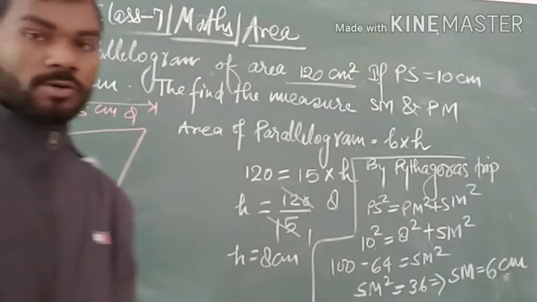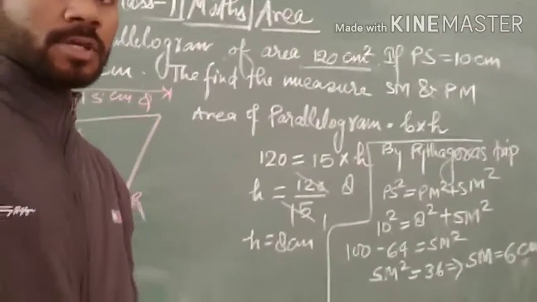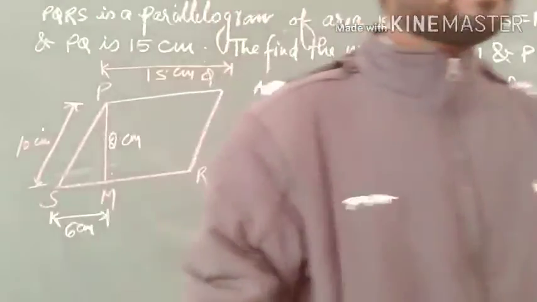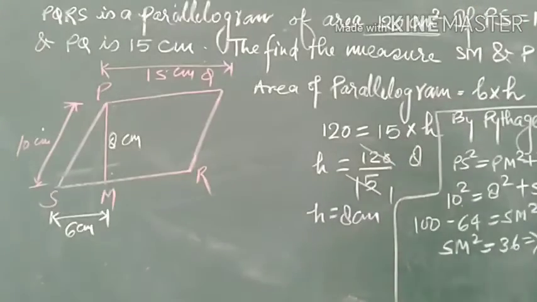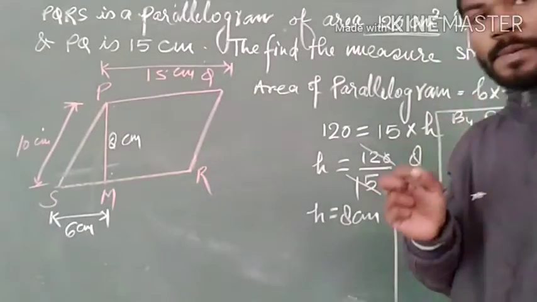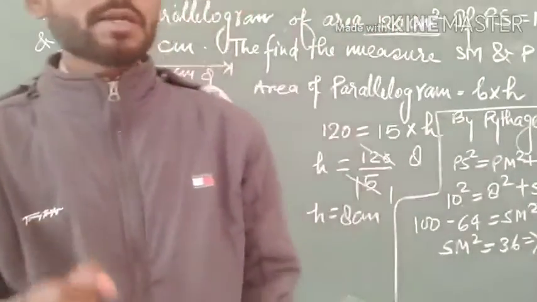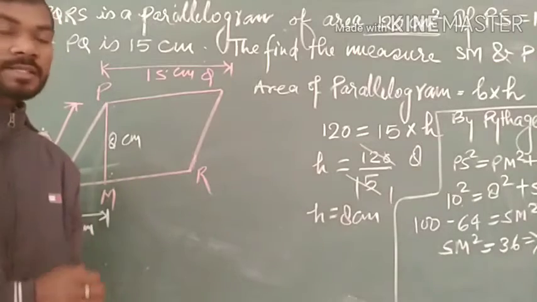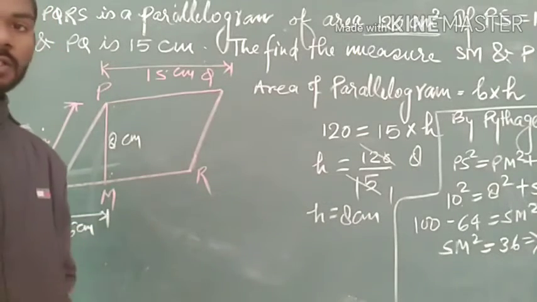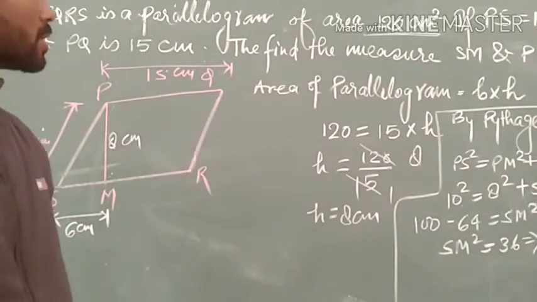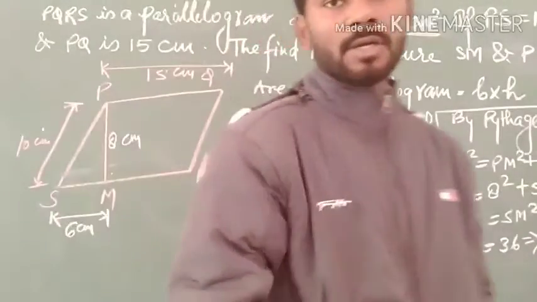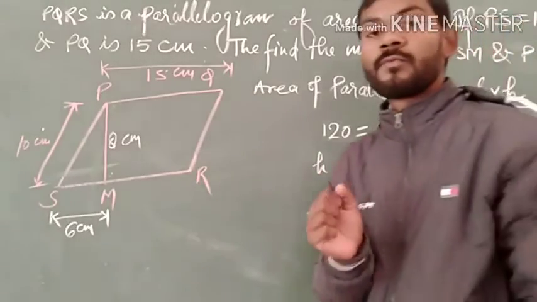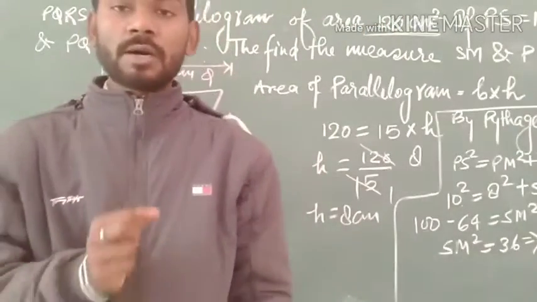Okay, students? So, now let's understand this question once again. What does the question say? PQRS is a parallelogram of area 120 centimeter square. If PS is 10 centimeter and PQ is 15 centimeter, then find the measure of SM and PM. First we shall find out the value of PM.